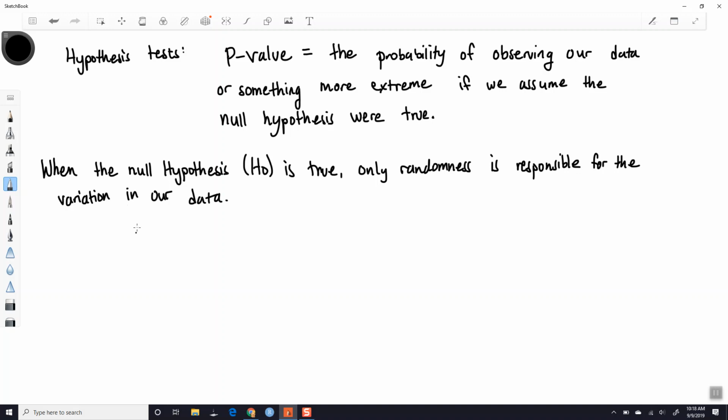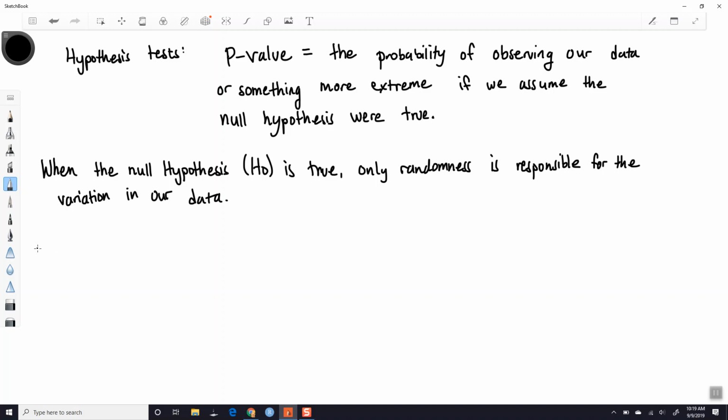What this means is that we will look at our p-value, and this will give us an idea of whether or not we can believe that the null hypothesis is true.